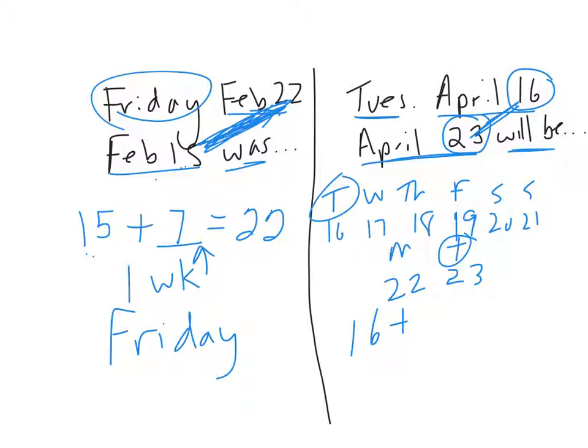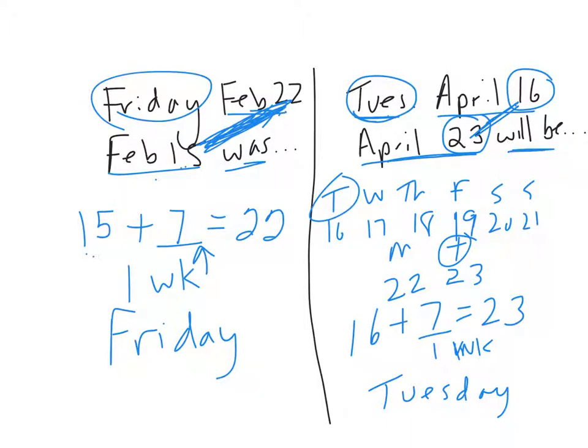Oops, that's wrong. Let's back that up. 16 plus 7 is equal to 23. It's exactly 1 week later. That's pretty ugly. And so if we go 1 week later from Tuesday, we're still on a Tuesday. So the answer would be Tuesday.